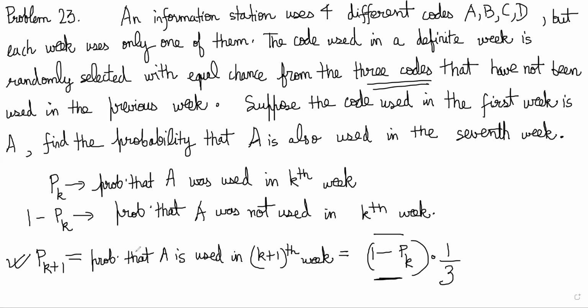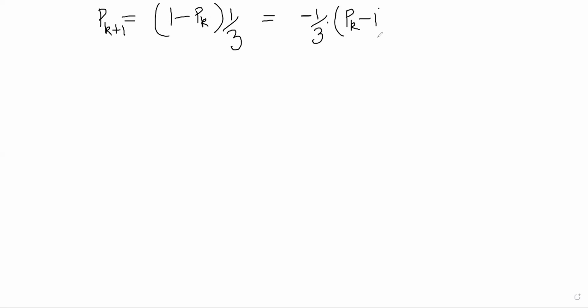Because if we understand this, then we can set up the recurrence. So we are getting this equation: Pk plus 1 is equal to 1 minus Pk into 1 by 3. And now I want to solve this recurrence relation which connects Pk plus 1 to Pk. So what I will say is if I do minus 1 by 3 here, I will get Pk minus 1 here. And I want to create a similar term on this side.